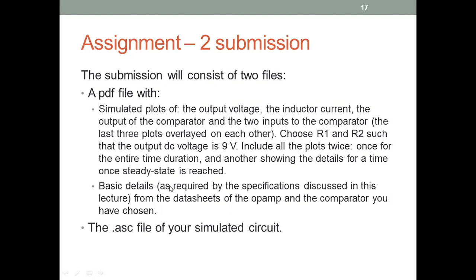So you just write them down from the data sheet. And for the comparator, you can write the same things as the op amp: the speed and the gain and the maximum output voltage the comparator goes to. So this you include in the PDF file.